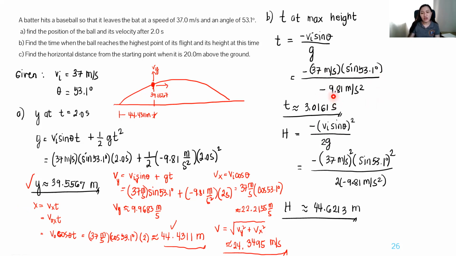Again, please use negative 9.81 meters per second squared because it's directed downward. So it will take approximately 3.0161 seconds for the baseball to reach the maximum height.